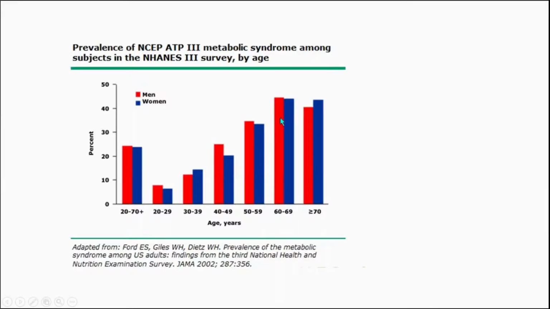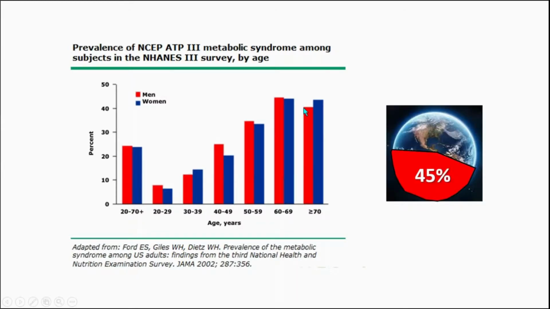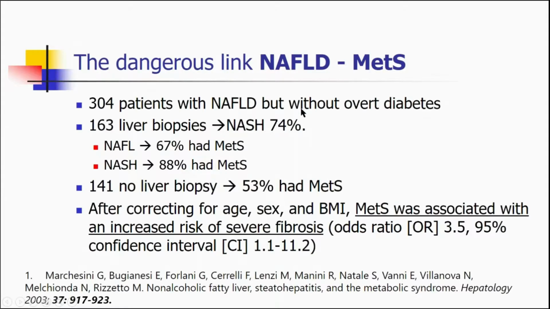So the increasing trends of metabolic syndrome, now around 45% of people in the world, is another factor which will increase the number of steatosis or steatohepatitis, which are invariably associated with the metabolic syndrome and obesity, as seen in these studies. And also, after correcting for age, sex, and body mass index, the metabolic syndrome is invariably associated with the increased risk of severe fibrosis.